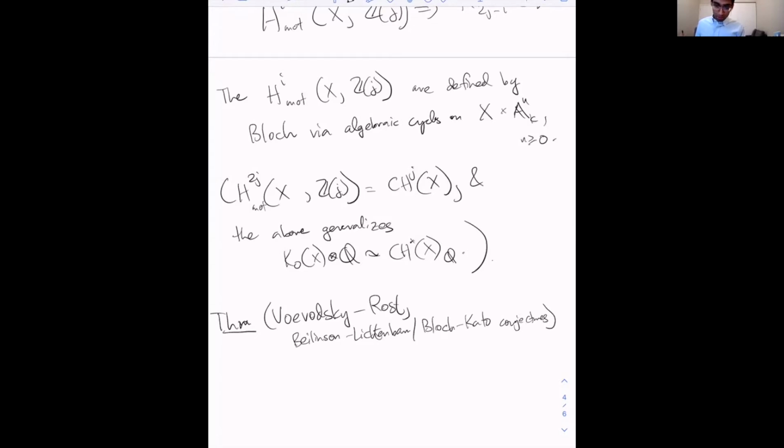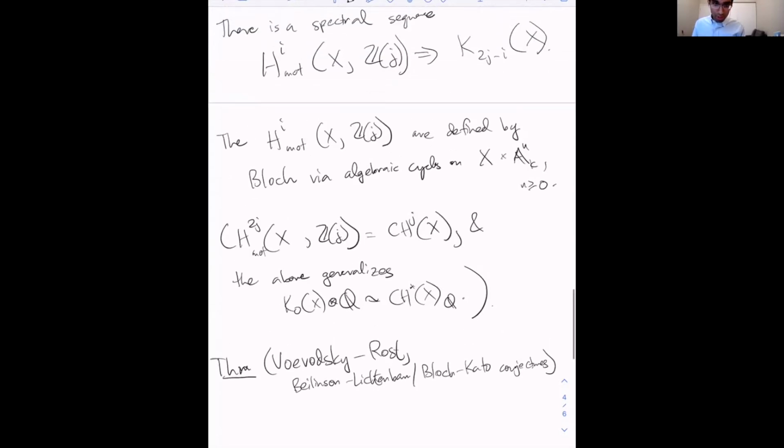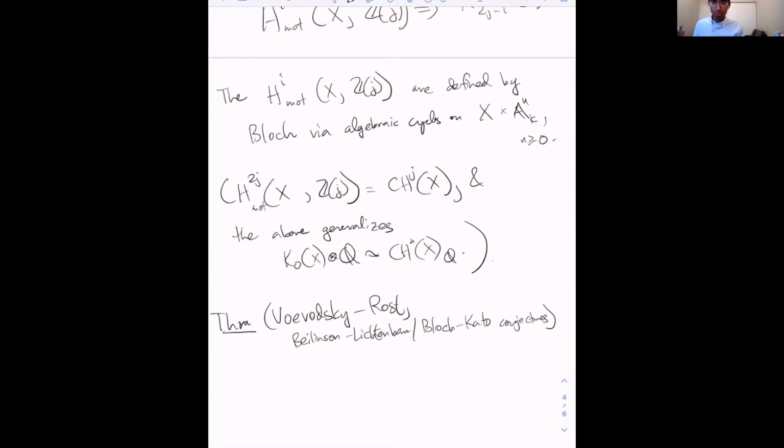So this theorem states that these Z(j), they're supposed to look kind of like Tate twists, and in fact they sort of are the Tate twists.